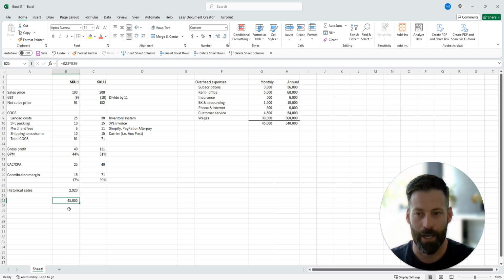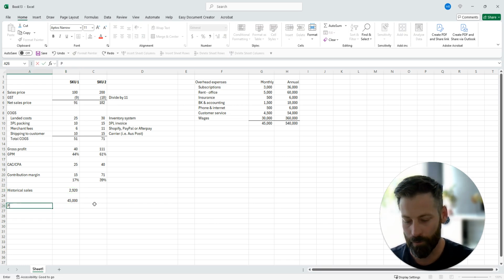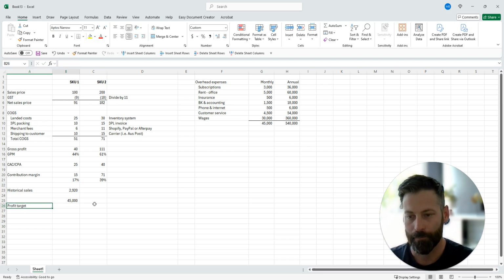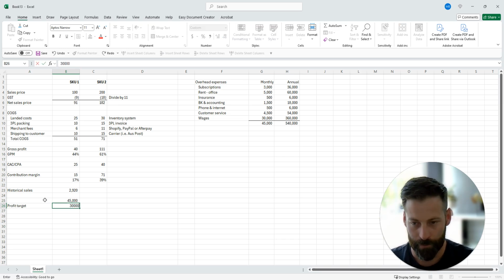Right? Let's then say we wanted to make a profit on top of that. For every unit above this, it contributes to profit. So let's say we have a profit target of $30,000, right?